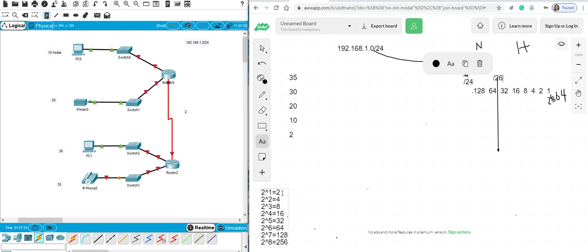And I'm going to go down here and show you what each of these would be, or actually we'll put it up here. So if I'm looking at 35, I'm going to draw a line here.